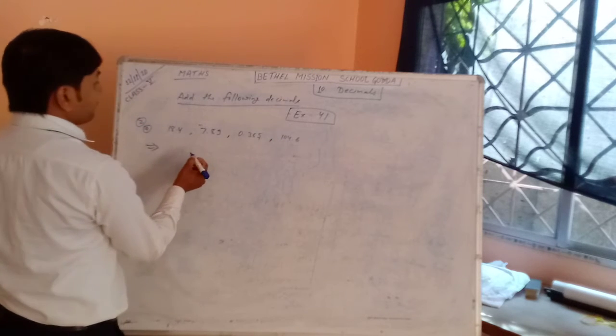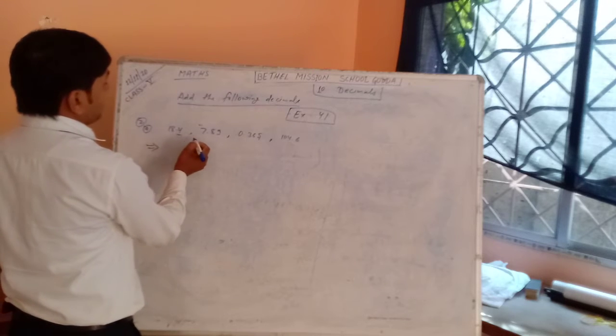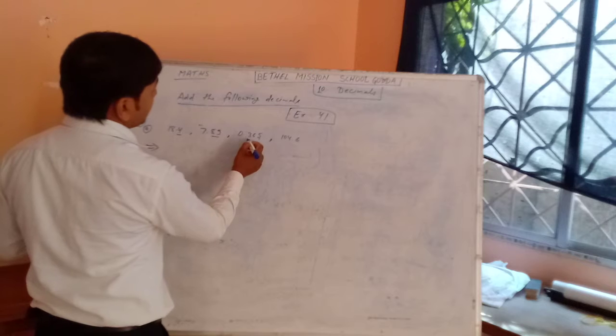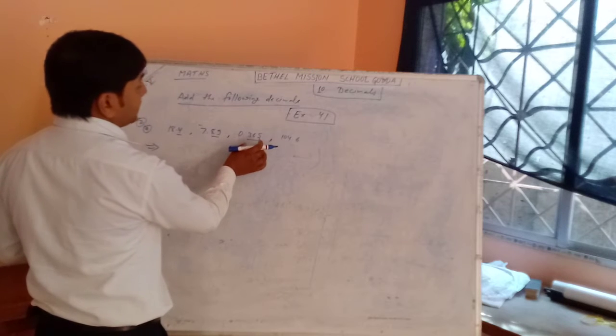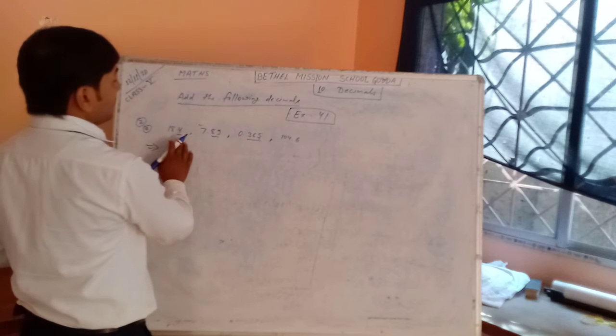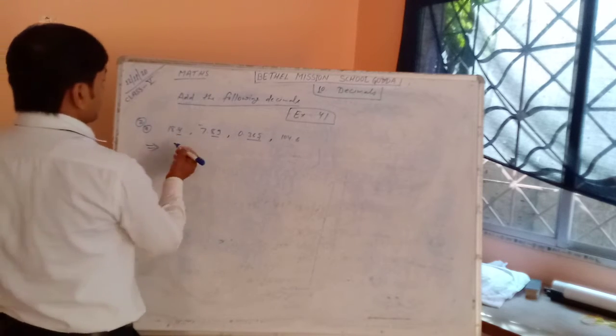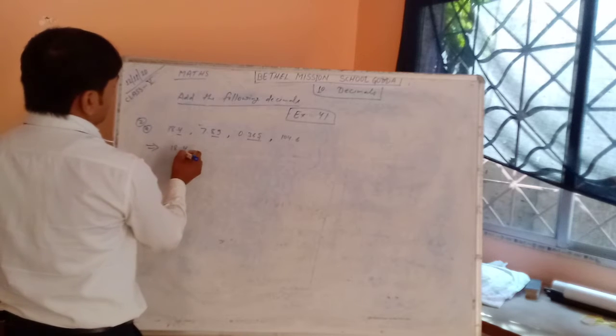Here the maximum decimal place is 3, but for one it is 2 and for another also. So first change into like decimal places.